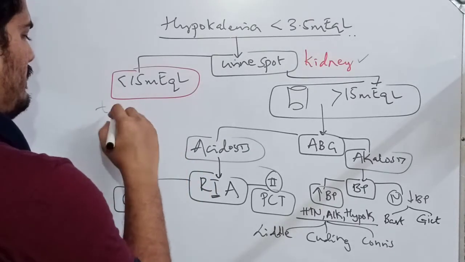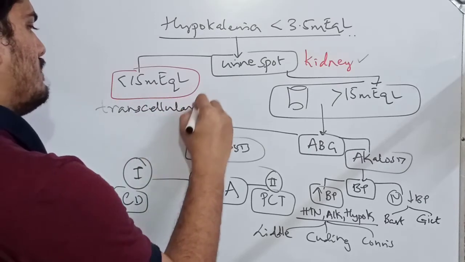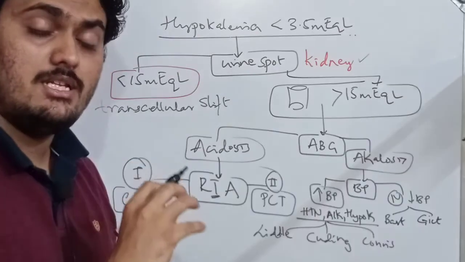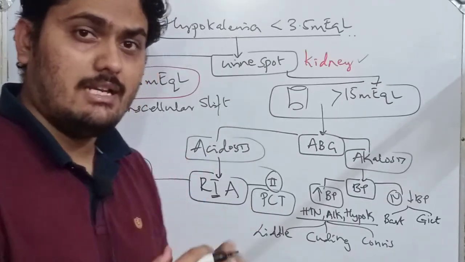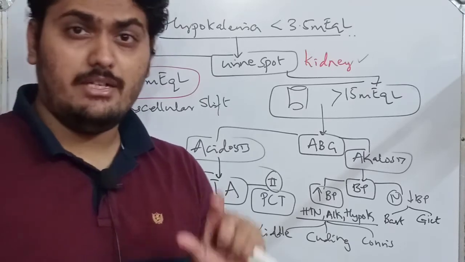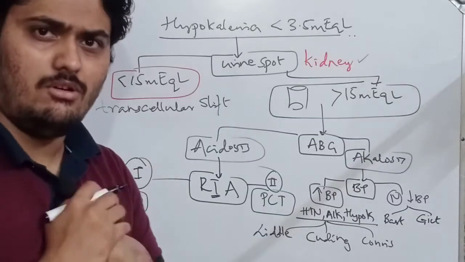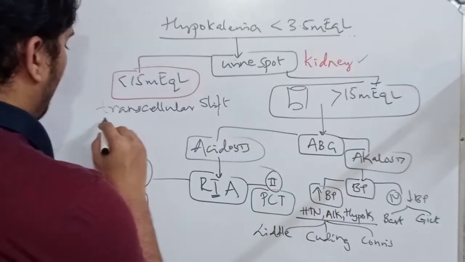Where does the pathology lie here? Here, one important term is used, that is transcellular shift. Transcellular shift means that potassium, which is an important component of the intracellular level, is part and parcel of the intracellular electrolytes.